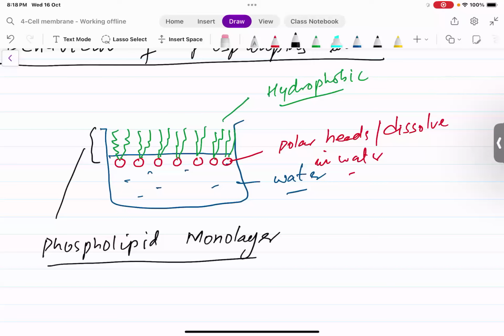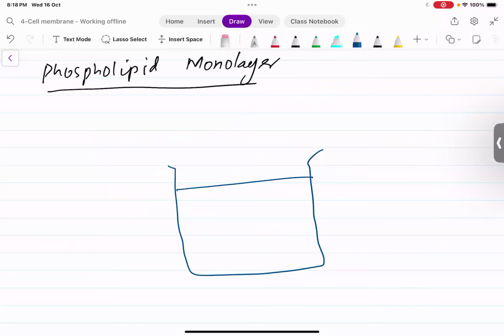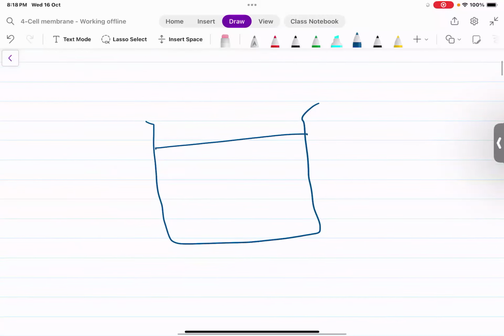Okay, if there is a large amount of phospholipids added into the water and it is shaken in the water, for example, if I draw that again, so this container has water in it, and we have a large amount of phospholipids added into it, and phospholipids are shaken in this water. Phospholipids would arrange in water in such a way that their polar heads will be outwards, and this will make a globule-like structure. Okay, so polar heads will be outwards, and the non-polar tails will be facing toward the interior of this globular shape.